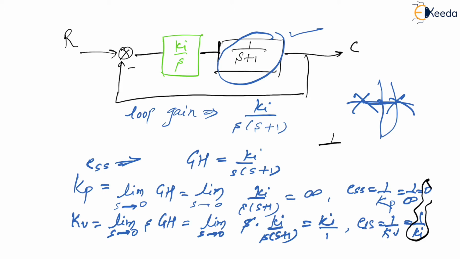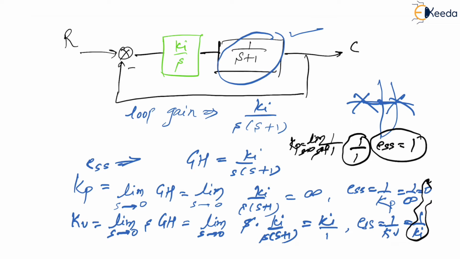Because if you think of only this system, 1 upon S plus 1, and you try to find, let us say, Kp for this, then it becomes limit as S tends to 0, this S becomes 0, you get 1 by 1. This becomes your Kp, and ESS is 1 by Kp, which is 1 itself. But here you have got it to be equal to 0, right?